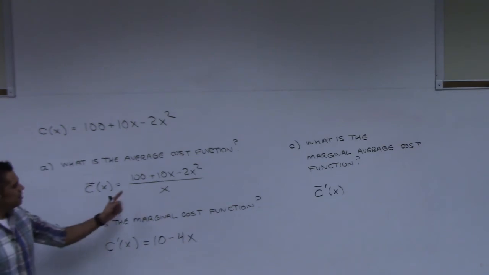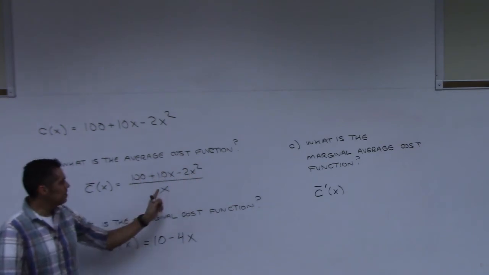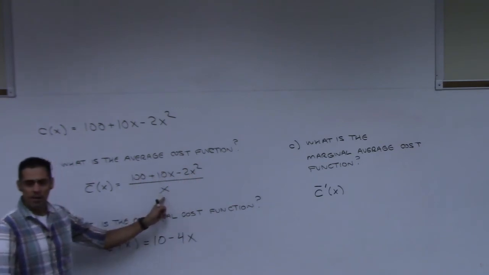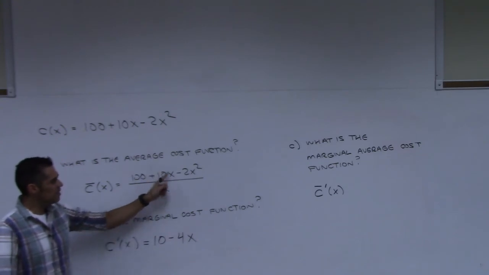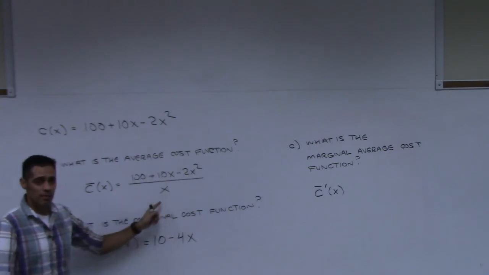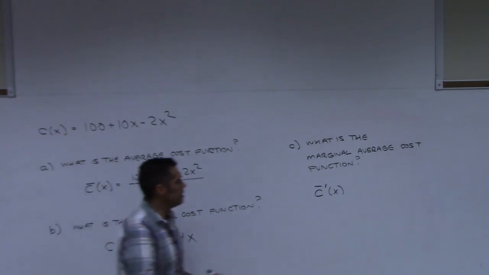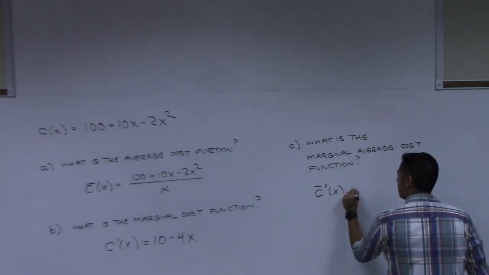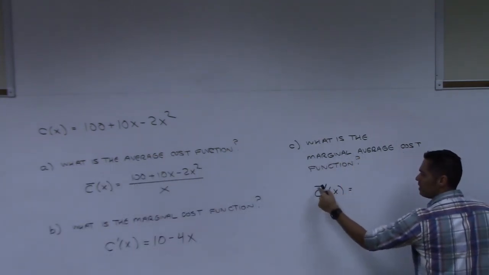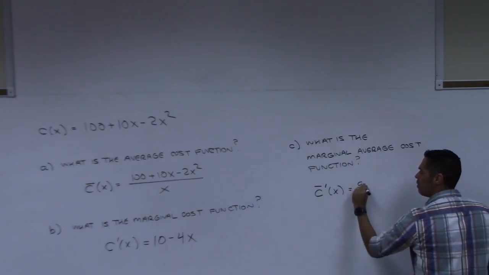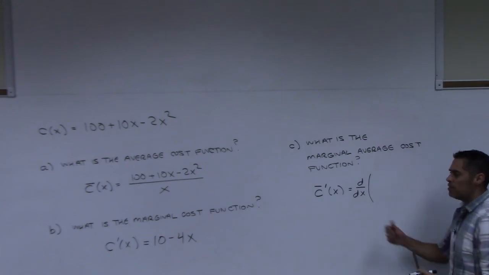I could split this into 3 separate fractions because they're all over x, aren't they? So I could do 100 over x, 10x over x, and negative 2x squared over x, right? So watch what I'm going to do here. I would like to take the derivative of the average cost function, with x being my variable. So remember the notation last class?